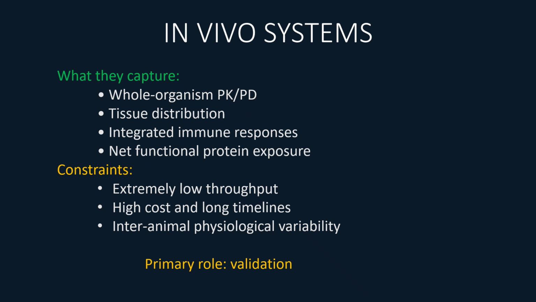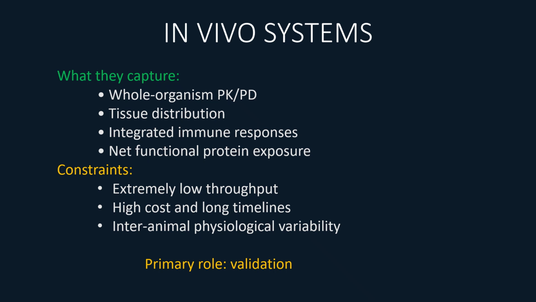Now when it comes to in vivo systems, they measure therapeutic performance at the level that ultimately matters, that is the whole organism. They capture pharmacokinetics and dynamics, including how the RNA distributes across tissues, how long it persists, and how much functional protein is ultimately produced.